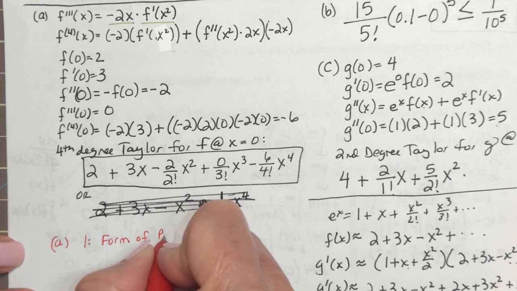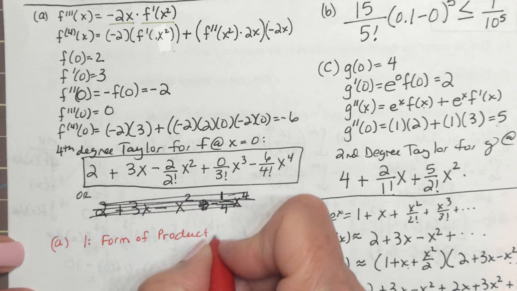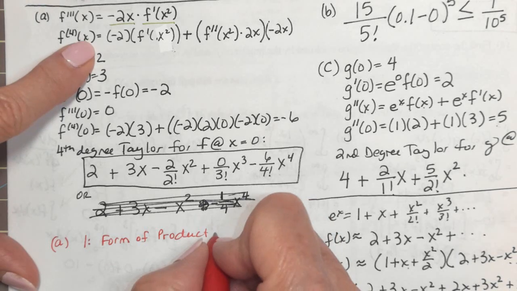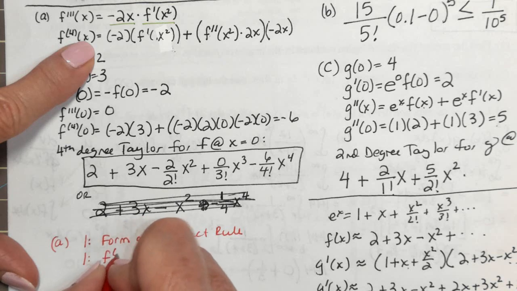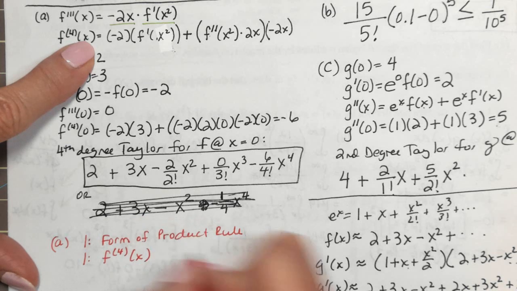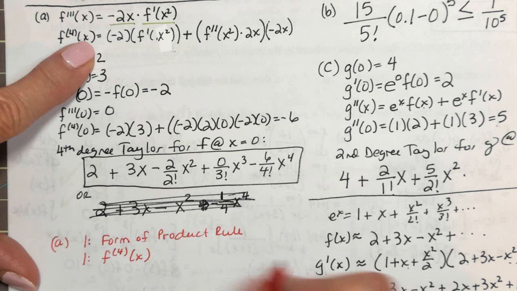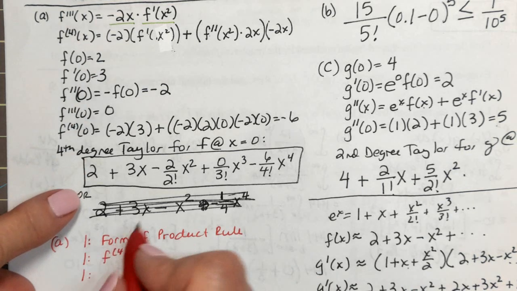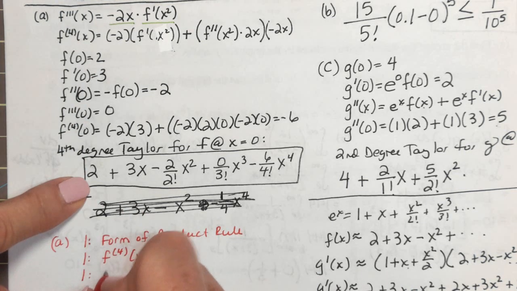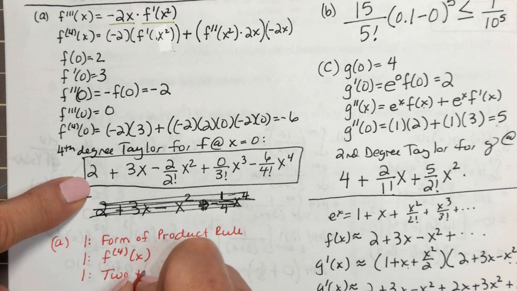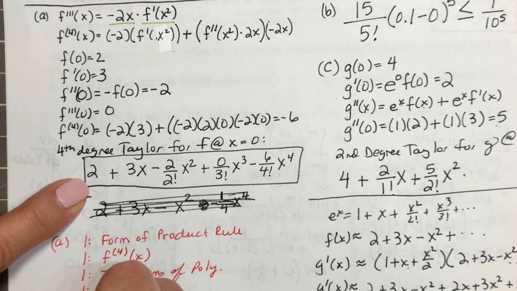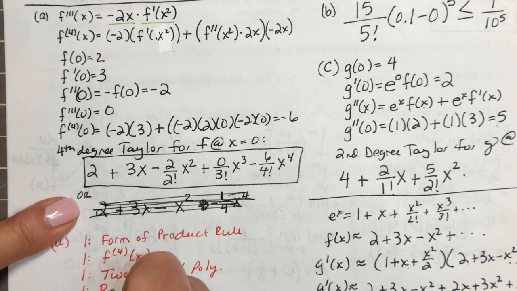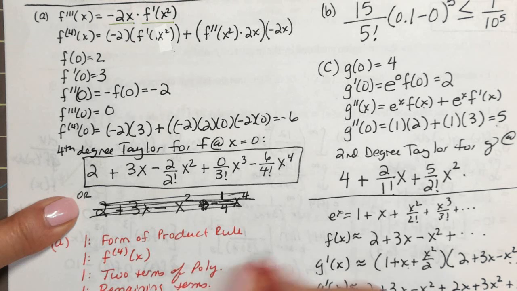Did the student use the product rule to find the fourth derivative? 1 point for the exact fourth derivative of f. 1 point for 2 terms of the polynomial. And 1 point for the remaining terms. Okay.